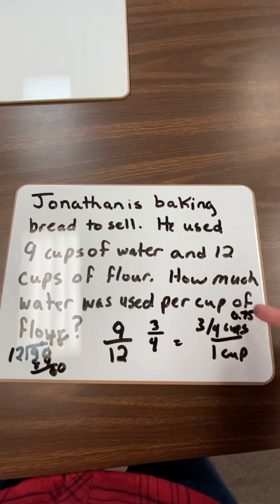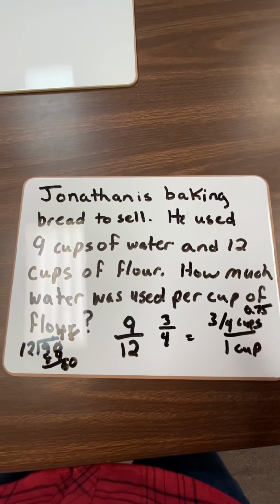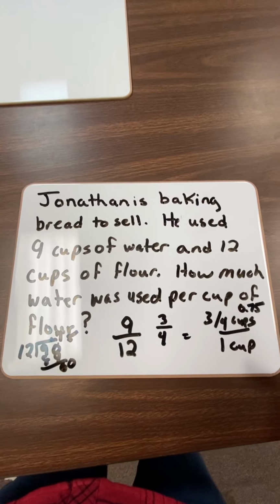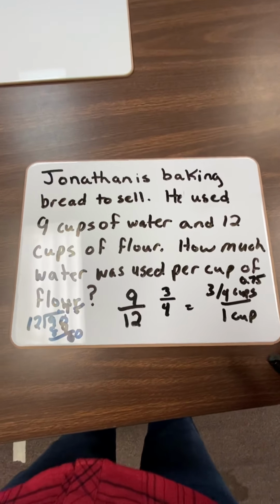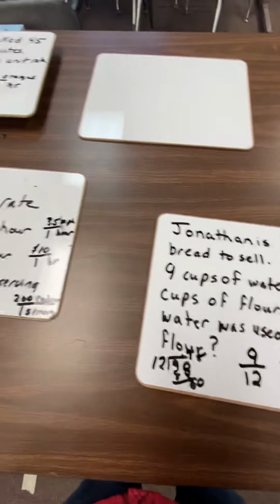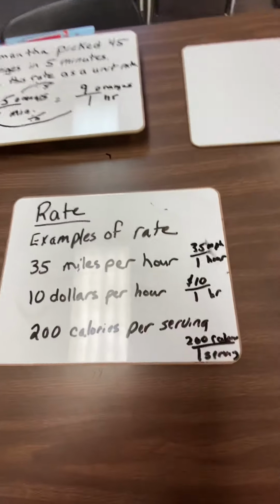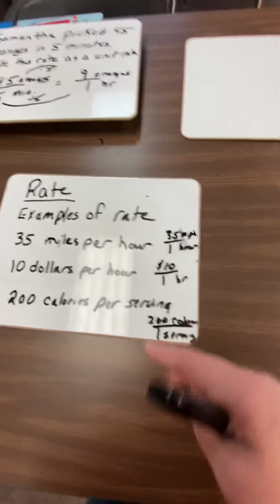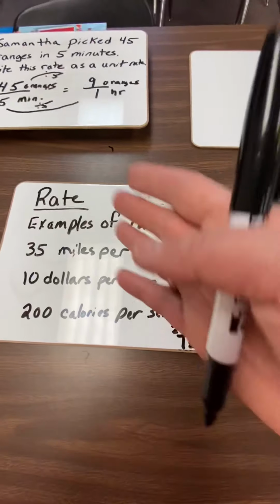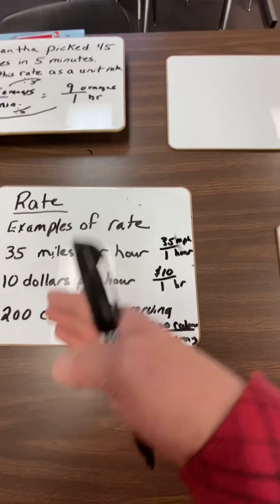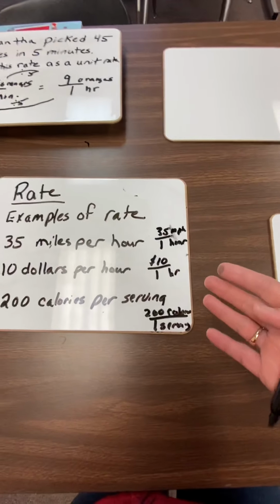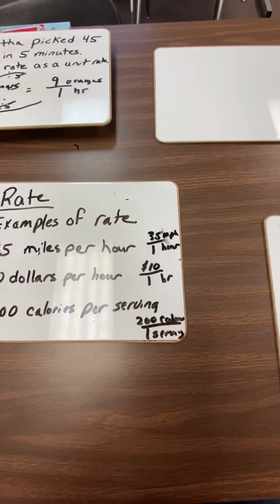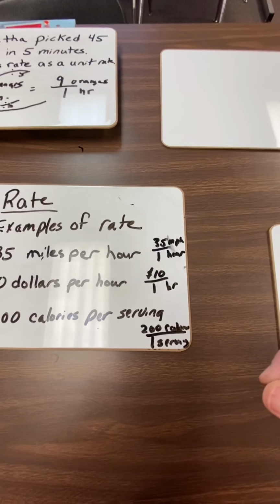So either one of these answers would be correct. Okay? So just remember, rate is usually something happening per unit of time. It doesn't always have to be, like the calories per serving. You take the rate that you have and you turn it into a unit rate. But a unit rate always has to have 1 as the denominator. Okay?